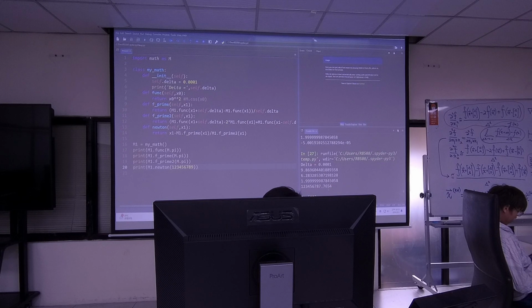It doesn't go to 0 yet, because Newton's method will be accurate enough if your delta is small enough. So let me try a smaller delta. No, it doesn't. Oh, still doesn't give me the smallest. It doesn't give me 0.